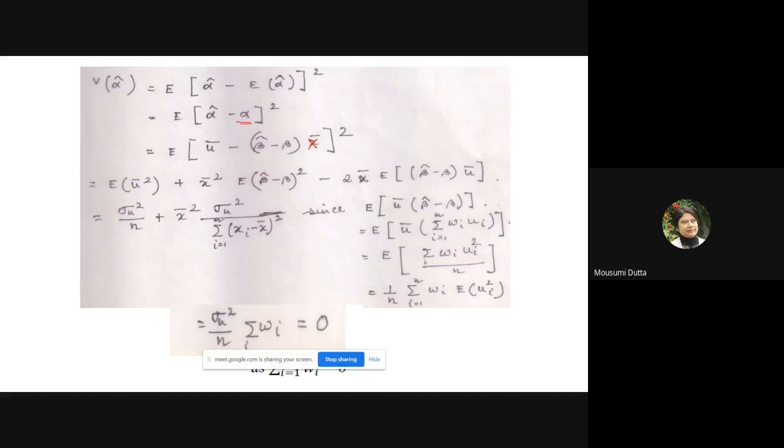So first you write down that step. After that, you operate expectation on each of the three terms. So you will get expectation of u bar square, x bar square into expectation of beta hat minus beta whole square, minus 2 x bar into expectation of beta hat minus beta into u bar.